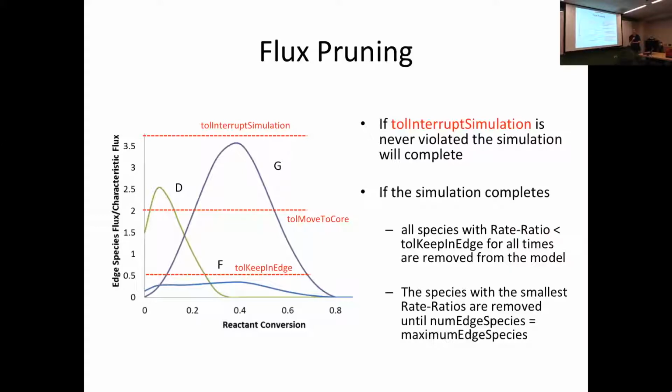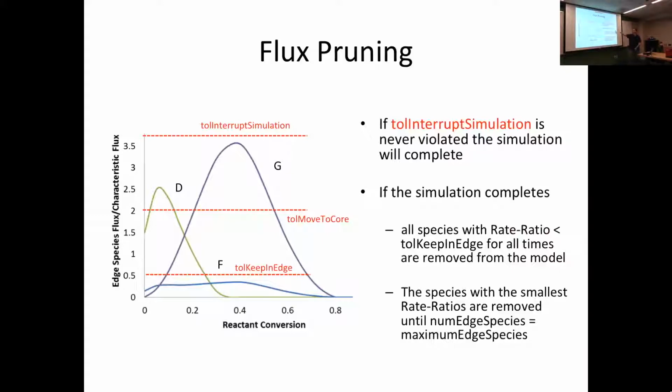However, oftentimes that's not sufficient to get you down to the maximum edge size you specified in the input file. The maximum number of edge species actually isn't strictly maintained by the Flux algorithm, which is another important thing to know. So if you complete the simulation, it does that, and then it ranks all of these species based on their rate ratios and removes the species with the smallest rate ratios until the number of edge species is the same as the maximum edge species.